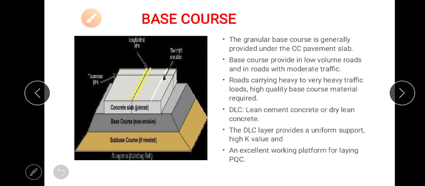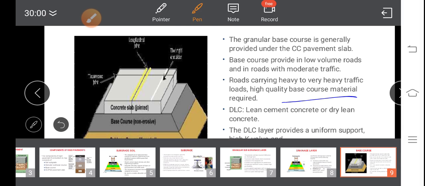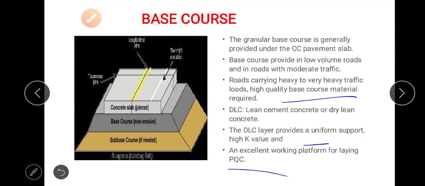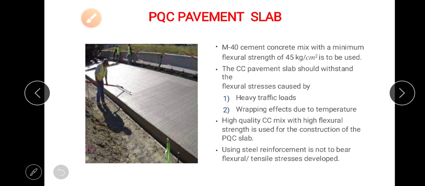Roads carrying heavy to very heavy traffic loads require high quality base course material. Dry-lean cement concrete layer provides a uniform support with high value of K, that is modulus of subgrade reaction, an excellent working platform for laying PQC. This is the platform which is used.